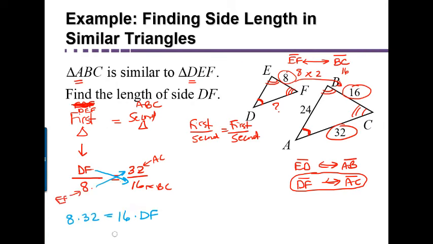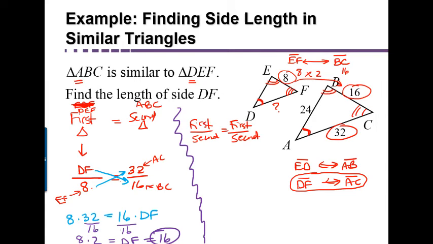And you could multiply it out that way, but I noticed that if I divide both sides by 16, it's going to be a little easier. I'm going to have 8 times 2 equals DF, which means DF is equal to 16, which is the conclusion we came to before. So that's one way to work it.